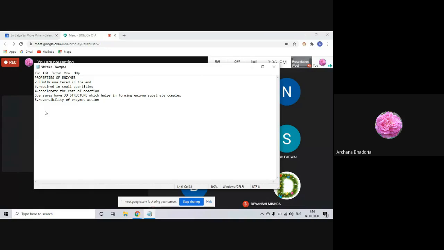So for example, you can write down: succinic dehydrogenase catalyzes reversibly the dehydrogenation of succinic acid or hydrogenation of fumaric acid.